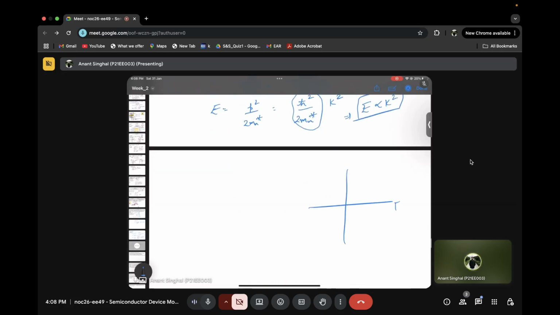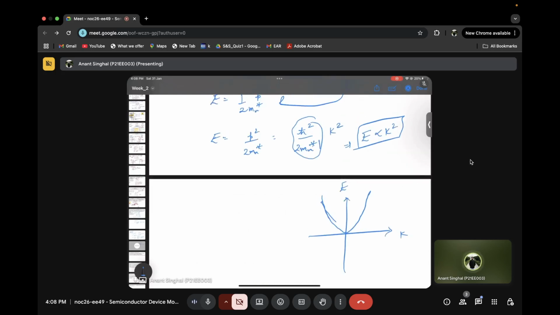Let's say we have energy here and momentum here, or wave number, which is proportional to momentum. We'll have some parabola kind of characteristics. This is what we call the E-k diagram. So now you can clearly see that the higher the effective mass, the lesser will be the slope.